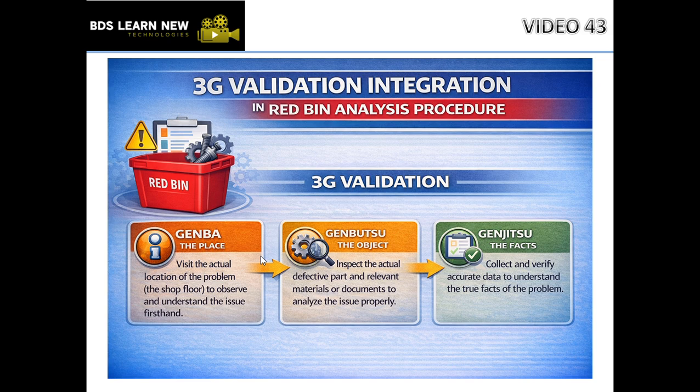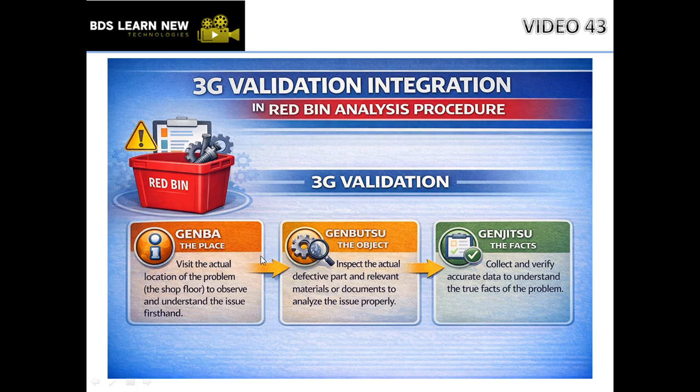causes through the 3G approach. Now, 3G validation integration in the red bin analysis procedure. 3G validation consists of three terms: Gemba, Genbutsu and Genjitsu. Now Gemba means the place. Visit the actual location of the problem, that is the shop floor, to observe and understand the issue firsthand, right?